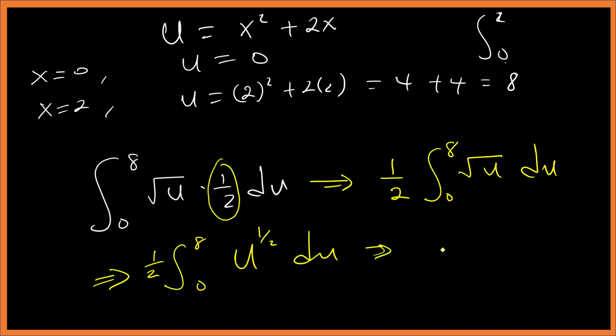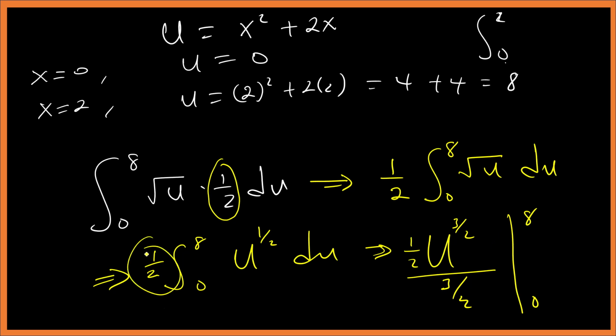So let's do the integration. We add 1 to the power and divide by the total. So we have u raised to half plus 1, which will be 3 on 2, divided by 3 on 2. So we have half times that, and we have the limits as 0 to 8.